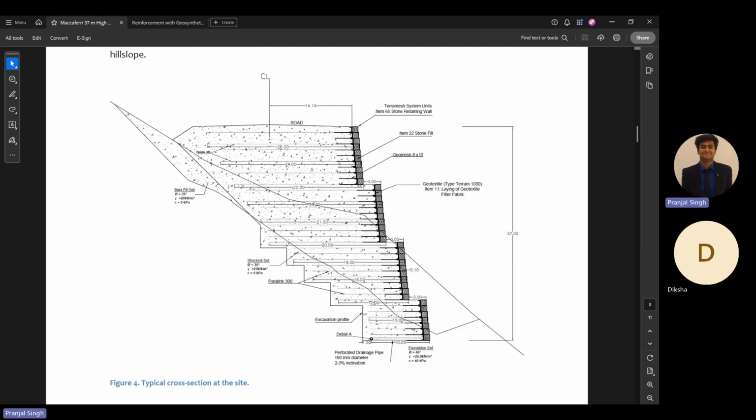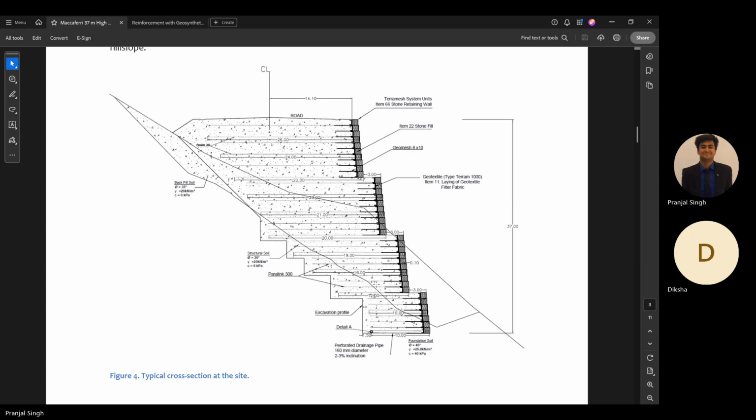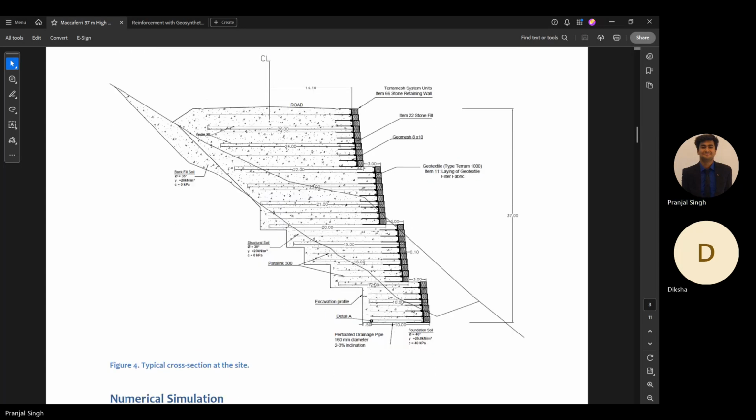And you can see there is some backfill soil, and this is the original slope, which is known as the foundation soil. So if you do a regular analysis without the reinforcement, since the foundation soil has a phi of 46 degrees, it will not fail.